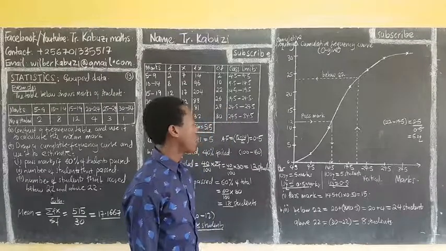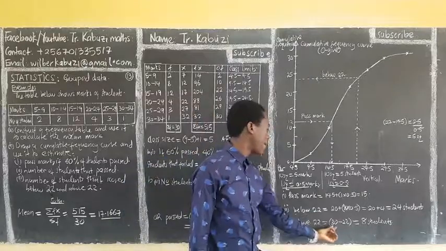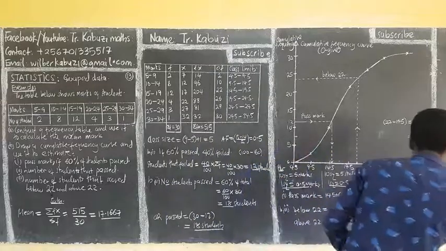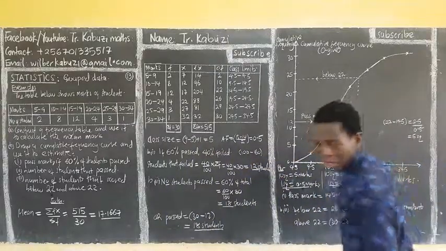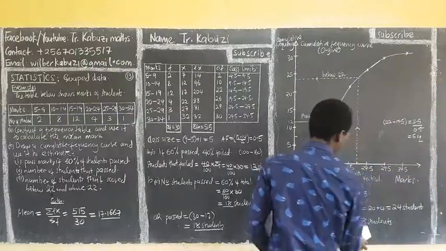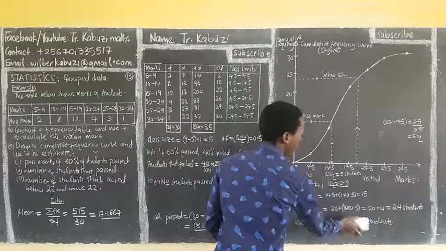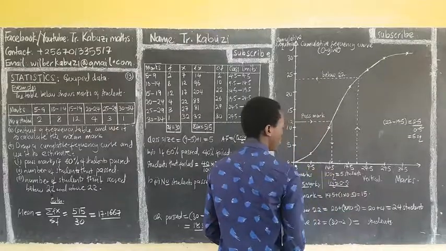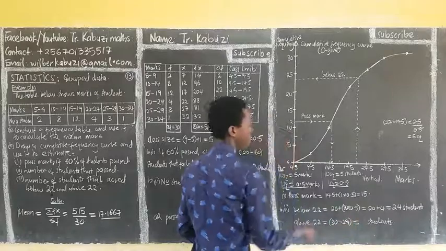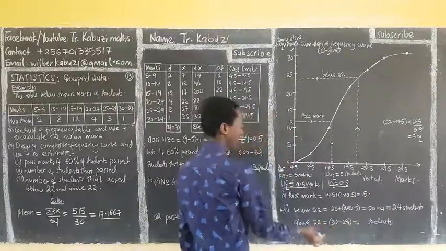What about those who scored above 22? Those who scored below 22 are 24. Those who scored above are going to be the total, which is 30, minus those who scored below.